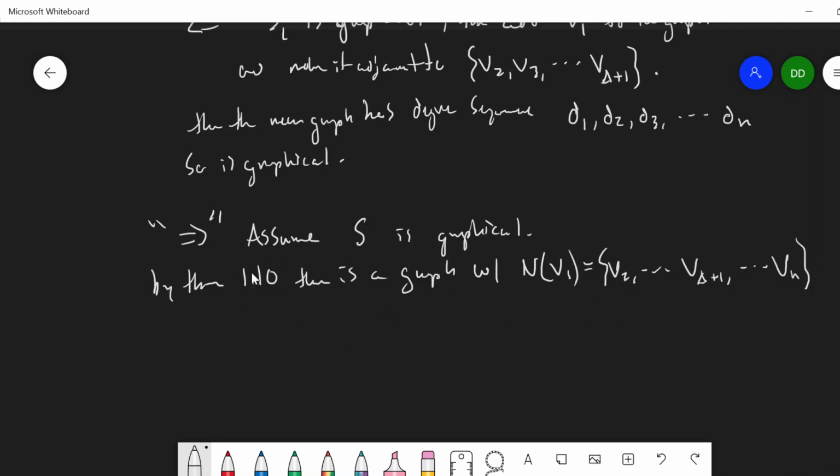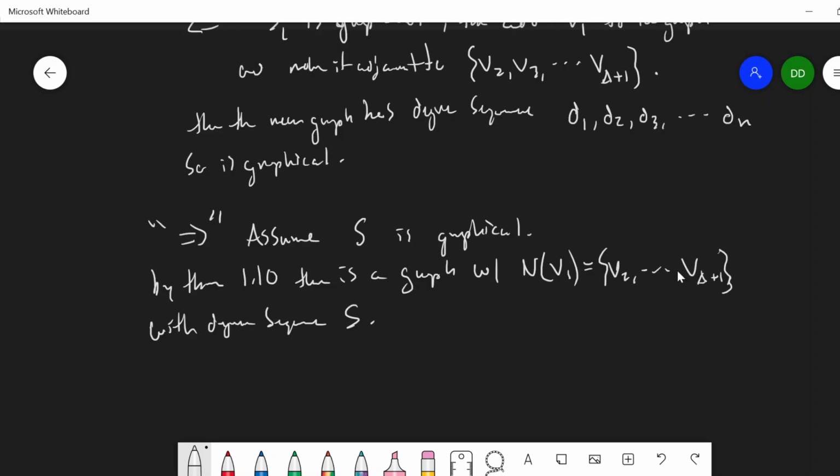We can find some graph with degree sequence S. We know there's some graph, since S is graphical, that has this as its degree sequence. Theorem 1.10 tells us we can always select this graph that's nice like this with neighborhood of V1. I made a mistake here. This should just be up through V delta plus 1, right? We just want V1 adjacent to these, with this as the neighborhood of V1.